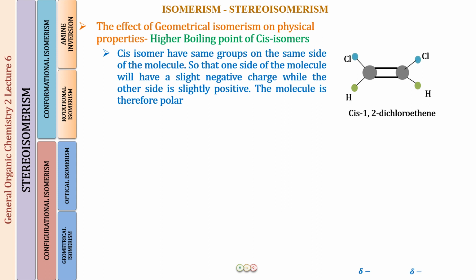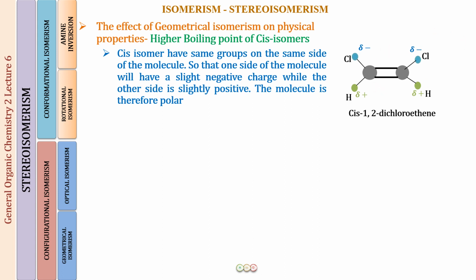So the chlorine atoms will have a partial negative charge, and although carbon and hydrogen have the same electronegativity values, we have an electron pull towards chlorine, so on this side of the carbon-carbon double bond we have a partial negative charge, and on the other side we will have a partial positive charge. Therefore, we have created a polar molecule.